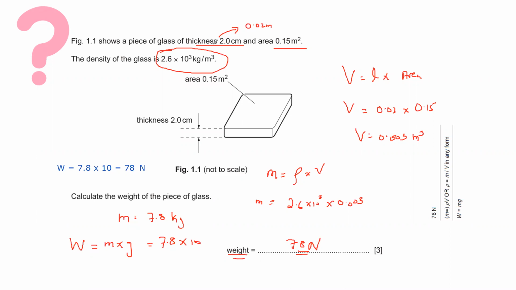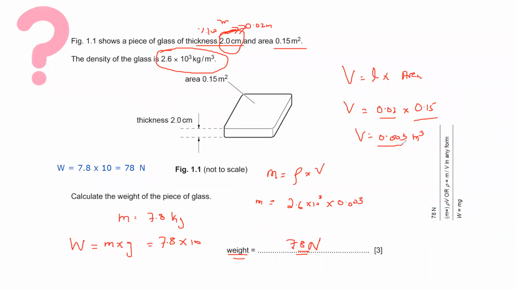Look, length is given as 2 centimeter and area is given as 0.15. When you multiply length with area, you get the volume. But length is given in centimeter, so first we have to convert centimeter into meter. That's why we divided by 100, and it becomes 0.02. So length is 0.02 and area is 0.15.